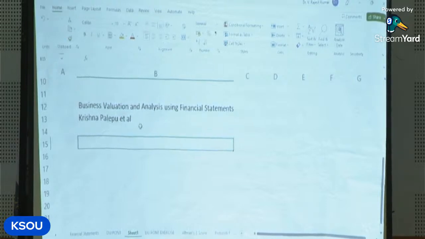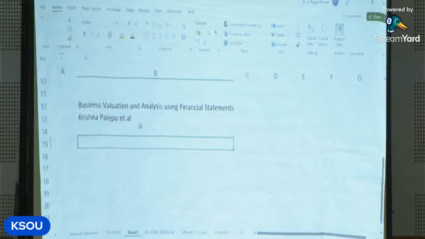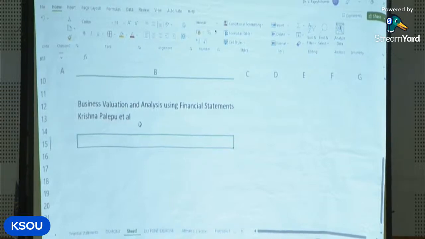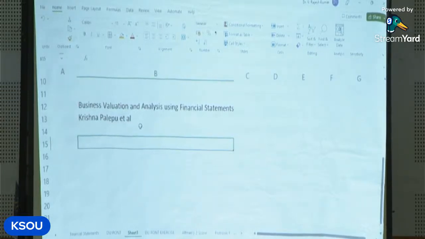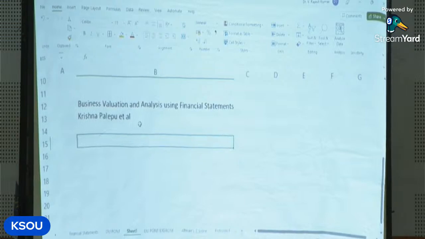It is a simple book that anyone from a commerce or management background with a basic knowledge of financial statements can very easily understand, but an excellent book. What I just mentioned about how to read a cash flow statement, I picked from this book.